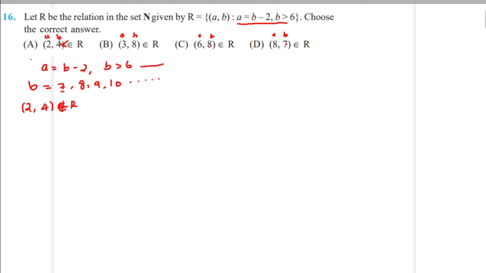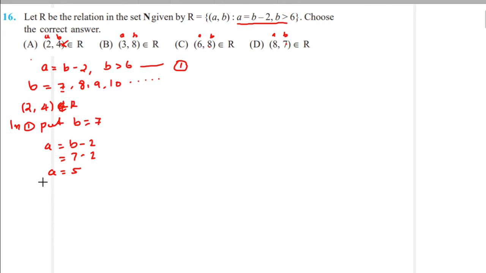In statement 1, put b = 7. Then a = b - 2 = 7 - 2, so a = 5.